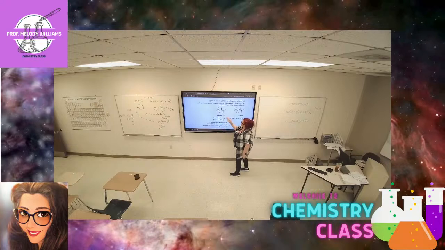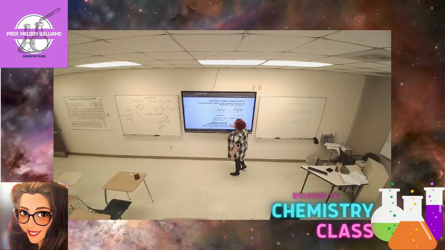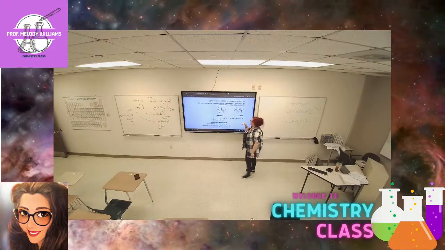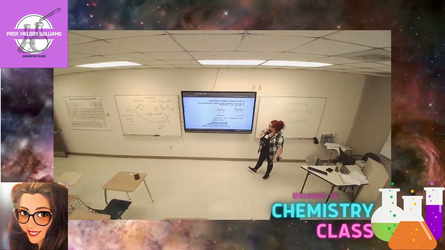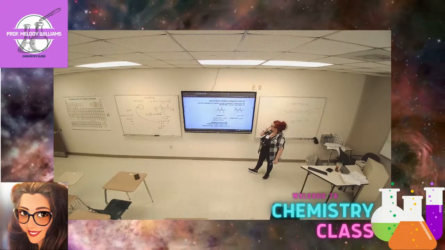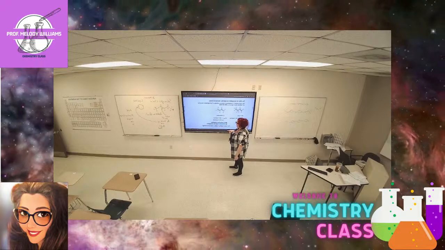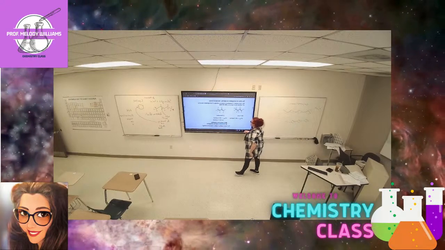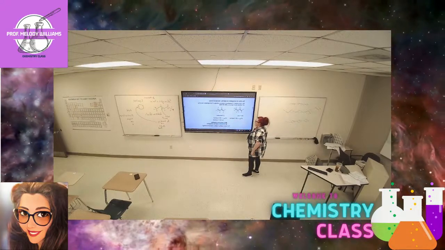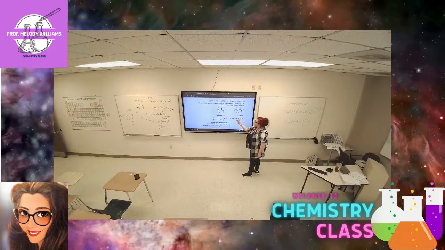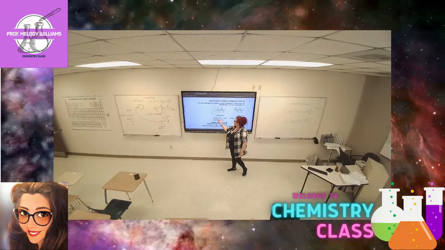This is considered more stable than this. This is negative 56.6 kilocalories per mole on those hydrogens. This is negative 30. This is a larger number than this one.